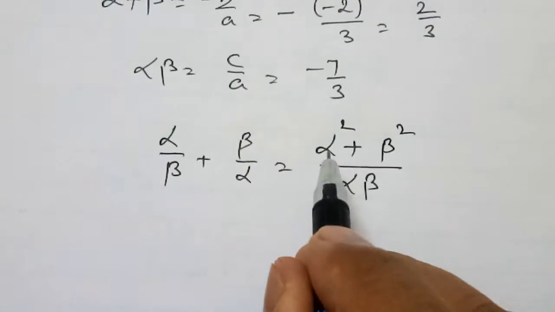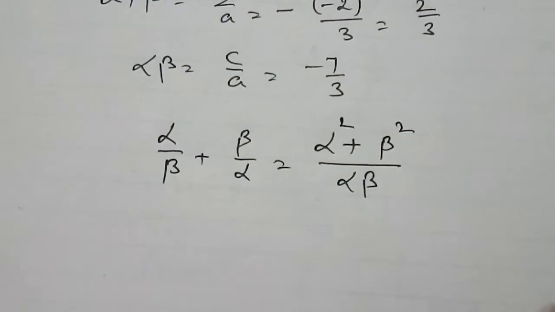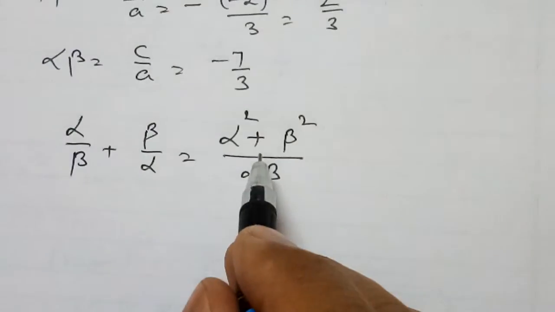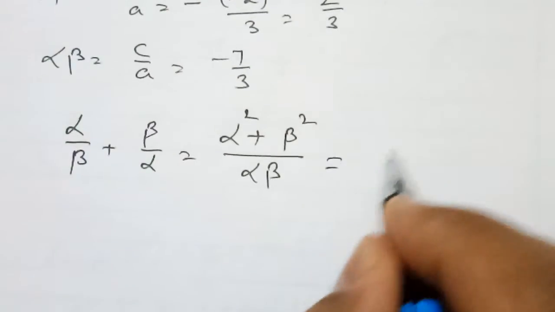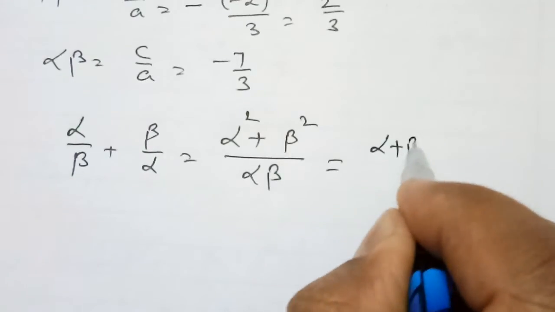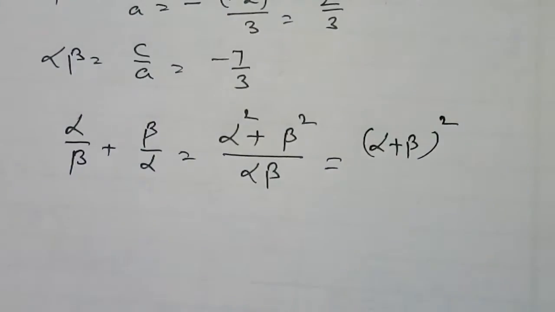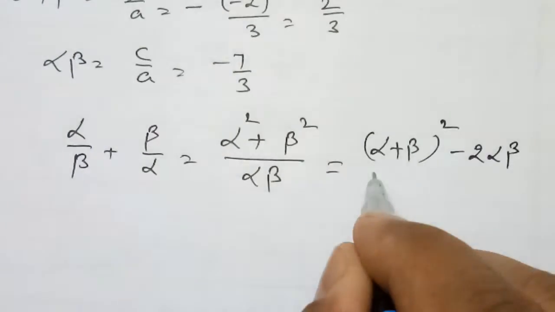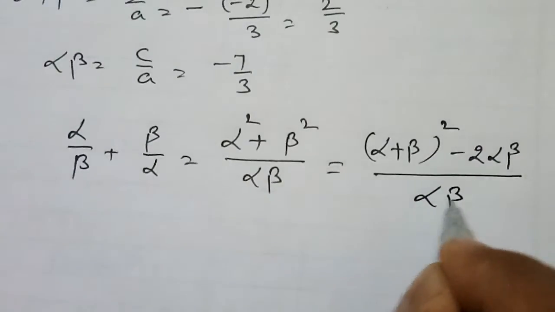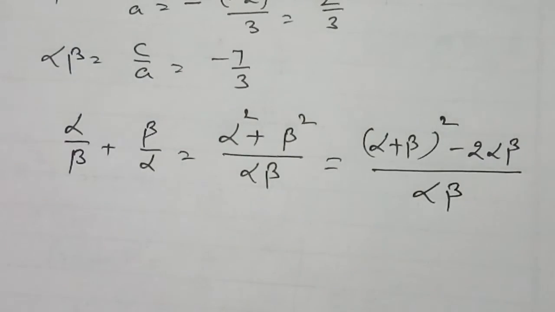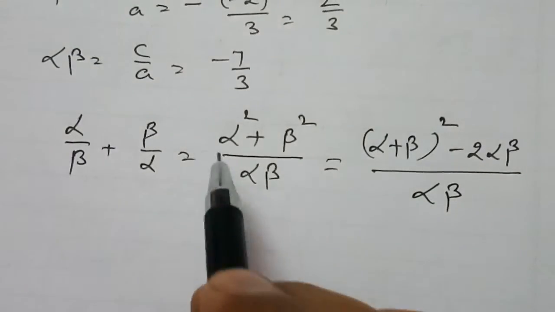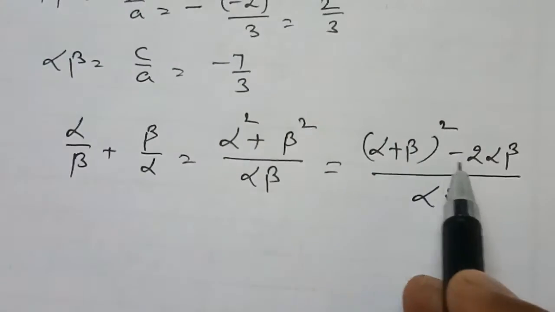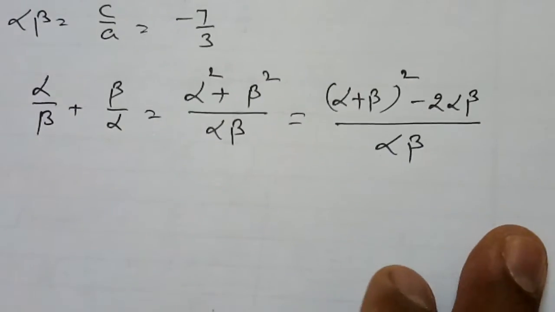Now in the numerator we have alpha square plus beta square, and we have already done in the previous question that this identity in the form of sum of zeros and product of zeros can be written as alpha plus beta whole square minus 2 alpha beta. Alpha beta means product of zeros. Because we have only sum of zeros and product of zeros here, we will convert this alpha square plus beta square into this form, alpha plus beta whole square minus 2 alpha beta.